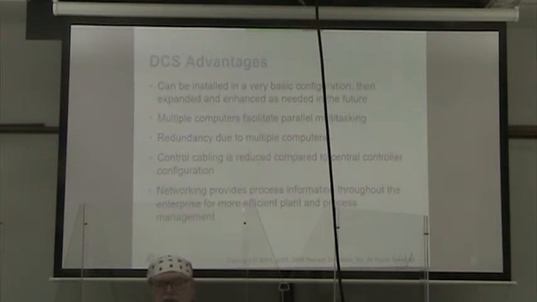A distributed control system, first of all, we can have a very basic configuration that can be expanded and enhanced over time. Multiple computers can facilitate the parallel multitasking. We have redundancy due to multiple computers. We may have much more computing power in each computer than is needed, so that if a computer goes down, other computers can take up that load.